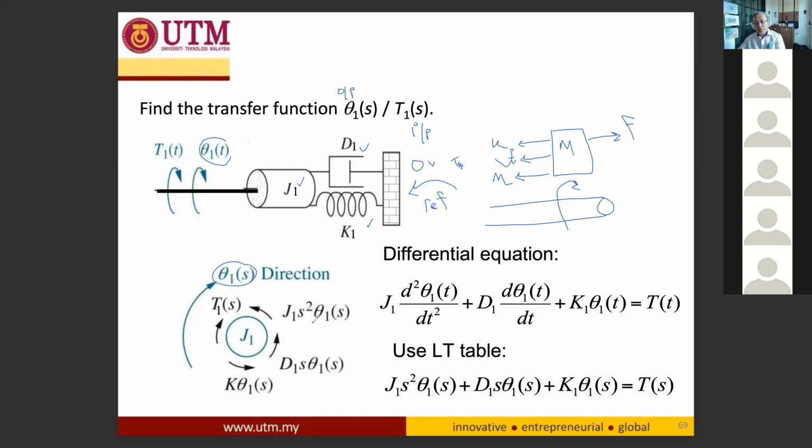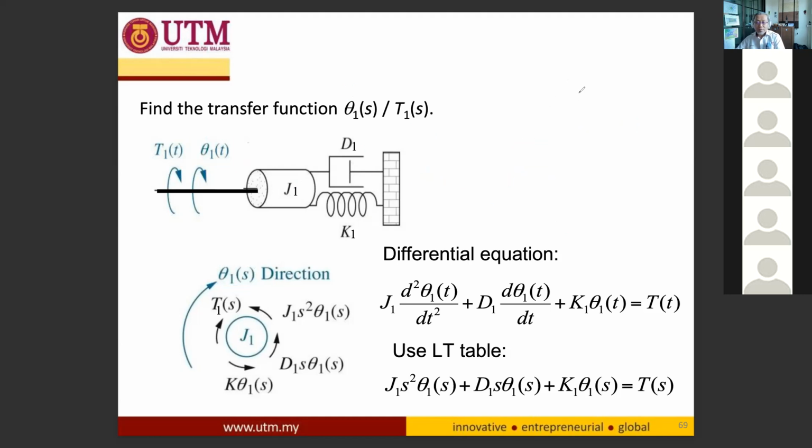Doctor, yes, question please. This is like an axial system, right? It uses torque and angle. But in this illustration, how do you split the axle between the mass, the viscous damper, and the spring? Because it's an axis, right?